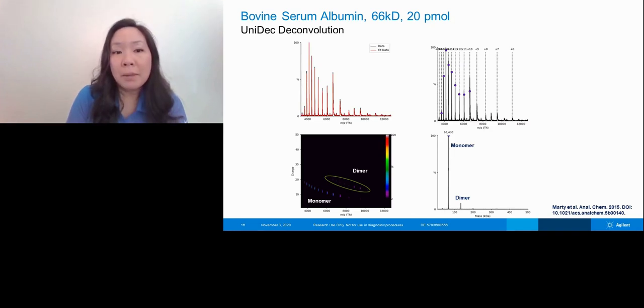It may be a little bit more challenging to see here, but you can see the monomer trend line, as well as a dimer formation there, which coincides with what we see with the deconvoluted results, where we see the monomer at 66 kilodaltons. Then we also see a dimer a little bit further up. So it did dimerize in the mass spec.